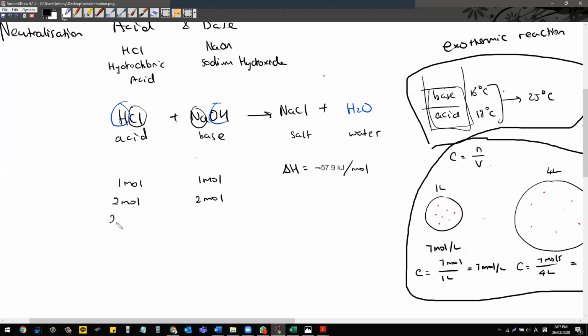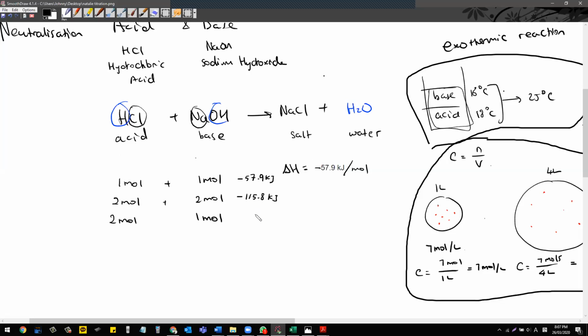Now if I have 2 moles and 1 mole, however, what would it be then? If it is 1 mole plus 1 mole, it'll give off 57.9 kilojoules. If it's 2 moles and 2 moles, then it'll be negative 115.8 kilojoules, twice this one.